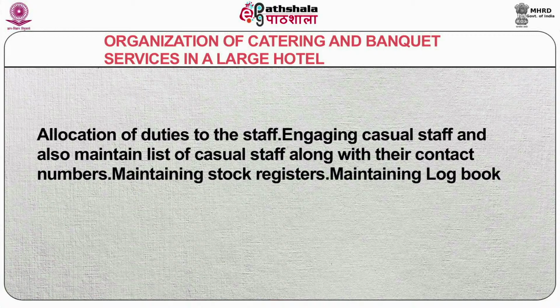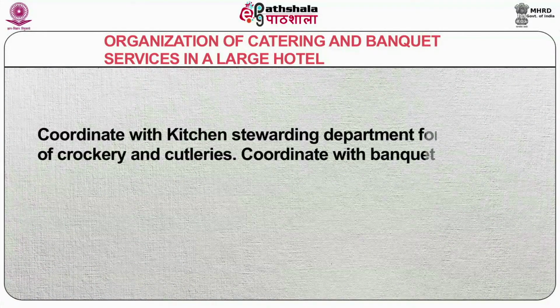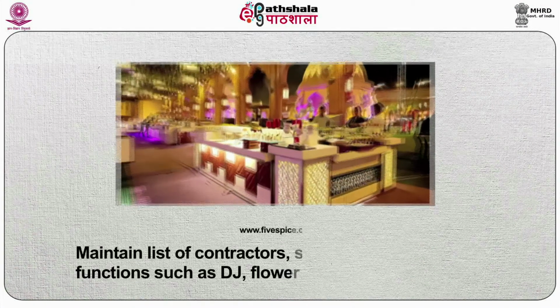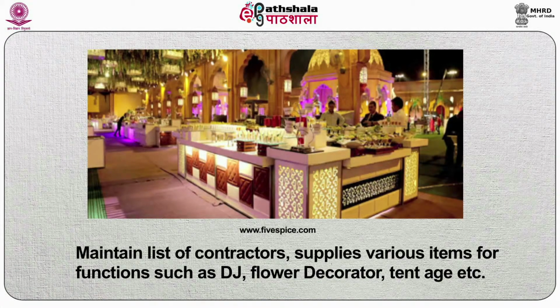Maintaining stock registers, maintaining a logbook, coordinating with the kitchen stewarding department for the requirement of crockery and cutlery, coordinating with the banquet kitchen, maintaining a list of contractors who supply various items for functions such as DJ, flower decorators, tentage, etc.